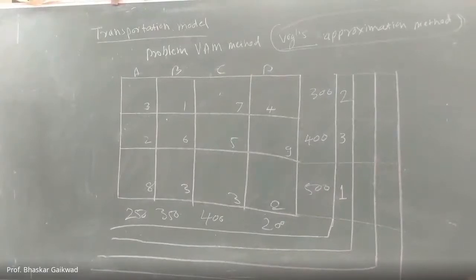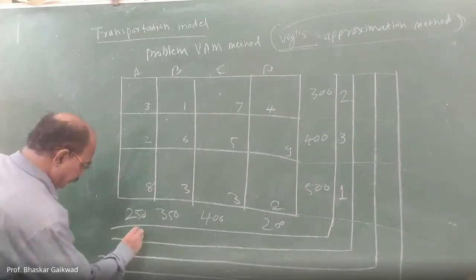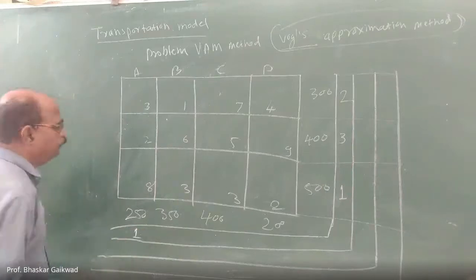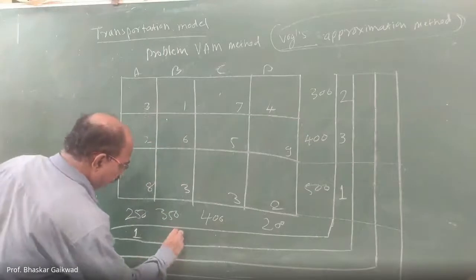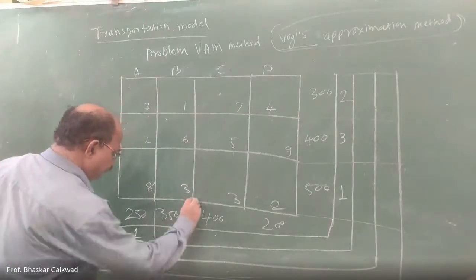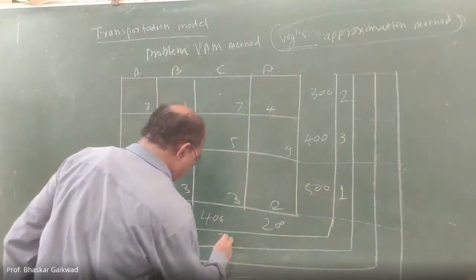Okay. After this, we can come to the columns. What is the difference between the two minimum values of the columns? So first column 3, 2, 1. Then here 3, 1, 2. Then here 5, 3, 2.